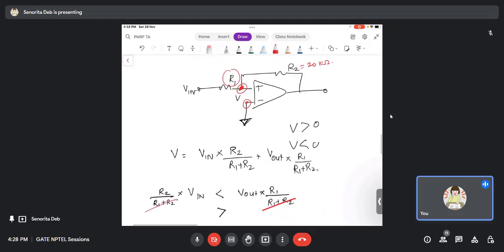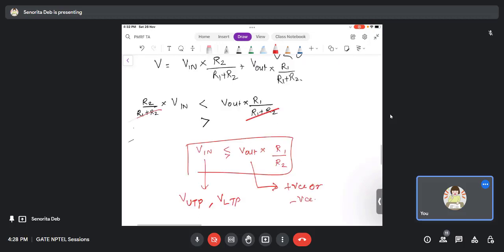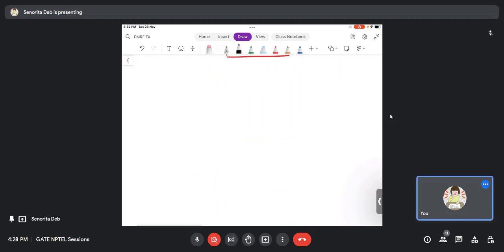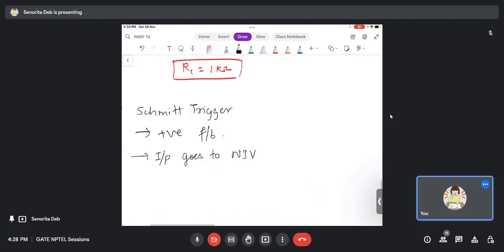So non-inverting Schmidt trigger means the input goes to the non-inverting terminal and there is a positive feedback. So let me write it down. Non-inverting Schmidt trigger, positive feedback, input goes to non-inverting. So when I say input goes to non-inverting, it doesn't mean that I directly connect it.